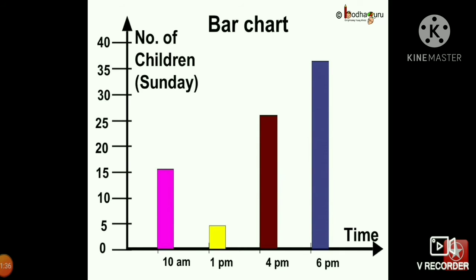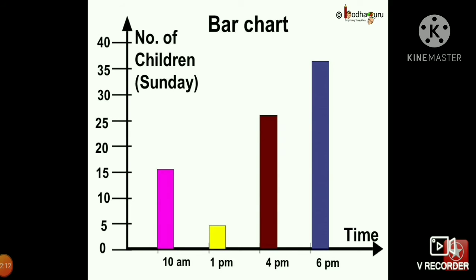Along the x-axis they have taken the timings and along the y-axis the students, with the unit of the distance. So I think you know how you can draw a bar graph, right? Just see this bar graph, what I have taken on the x-axis and on the y-axis.